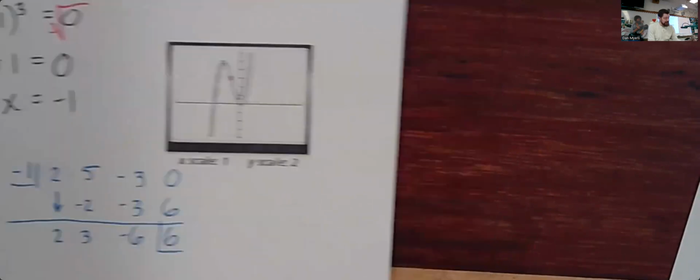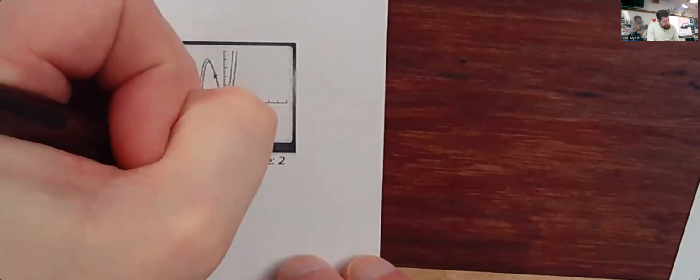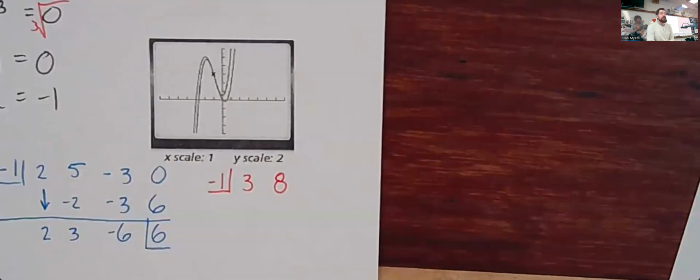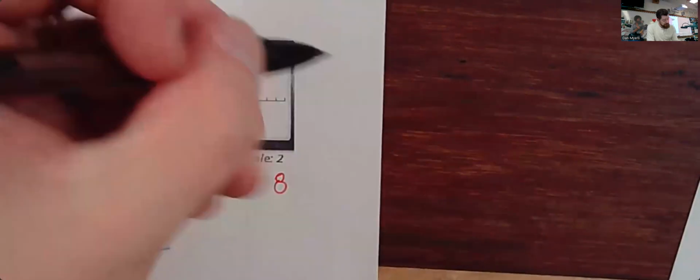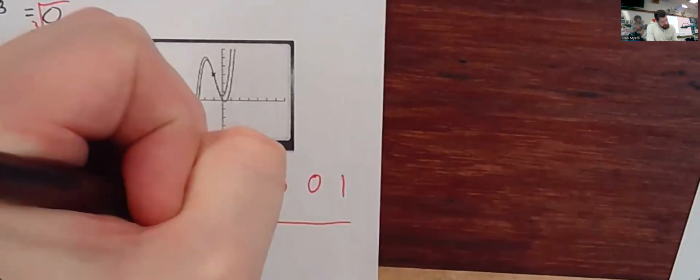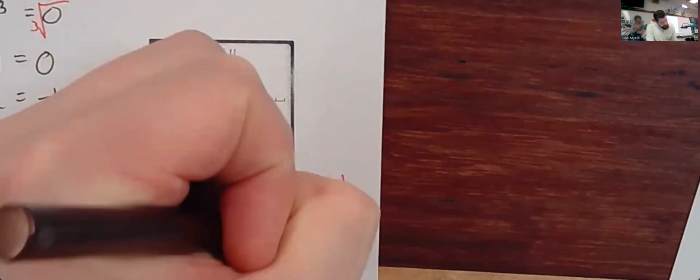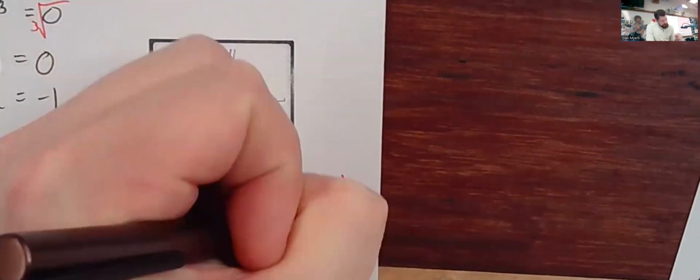I'll do the other one in red. So we're going to get -1, and then we're going to have 3, 8. What number comes after 8 for synthetic division here? 0, and then 1. All right, bring down the 3. And there it is.